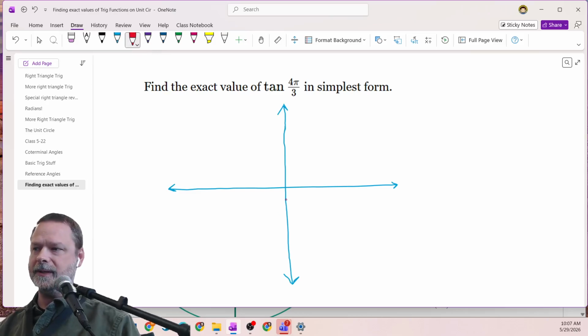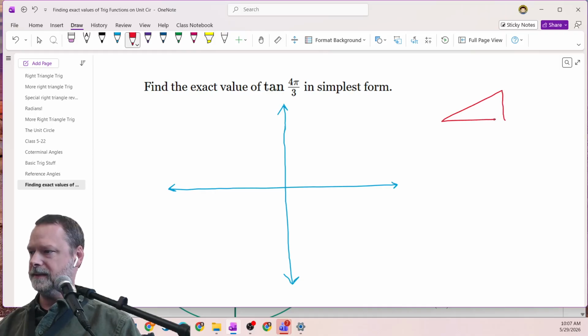The only thing I need to memorize are basic right triangles, or special right triangles, that is. So here, let's try this again. This one's not too bad. So we got this guy, which is our 30, 60, 90. And that's going to be a short side's 1, hypotenuse is 2, and the long side's root 3.